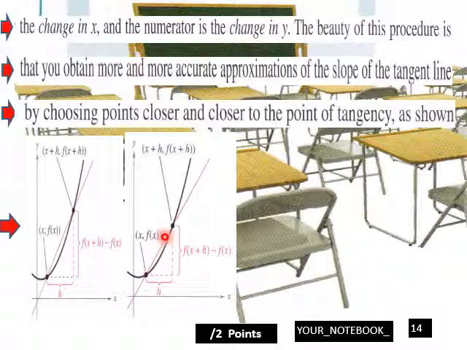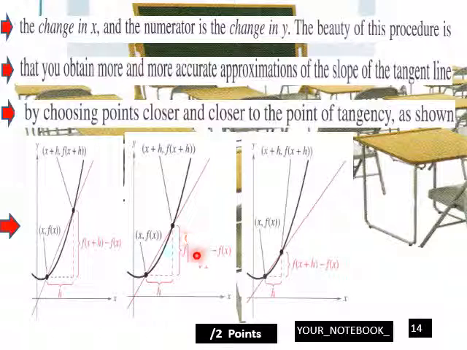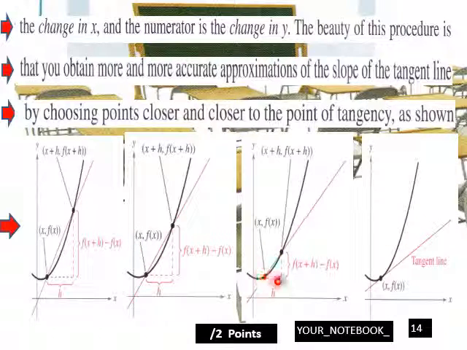We're moving down the curve, getting closer and closer to x, f of x, until we get a tangent line here at x, f of x. So this other point keeps moving down the curve, and that's how we eventually get a tangent line.